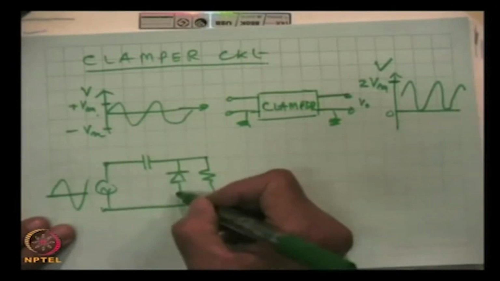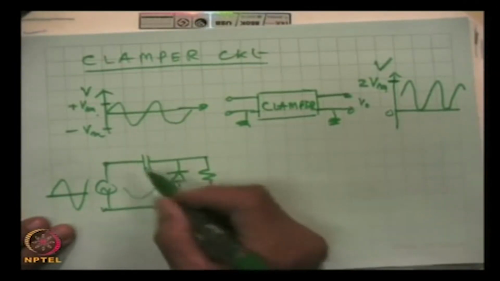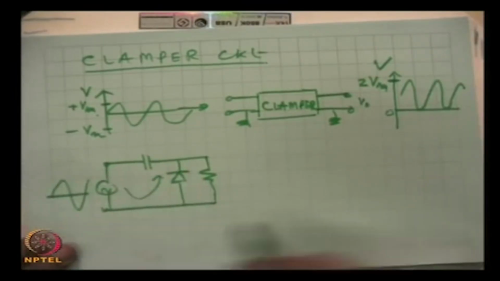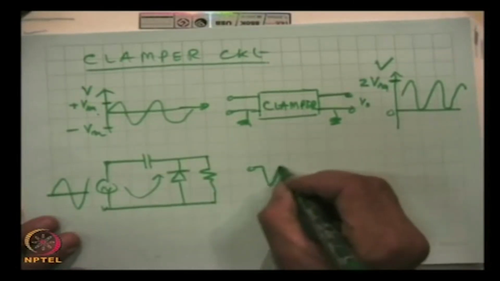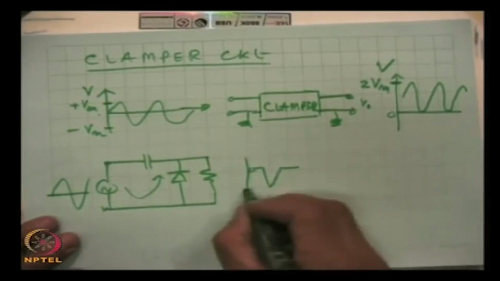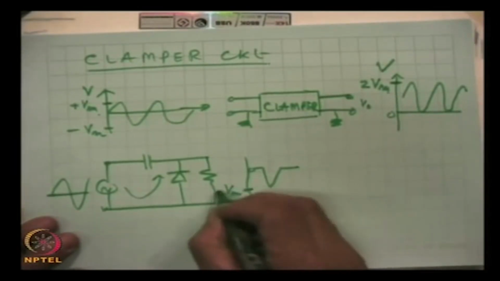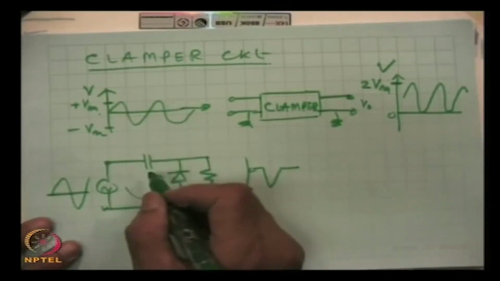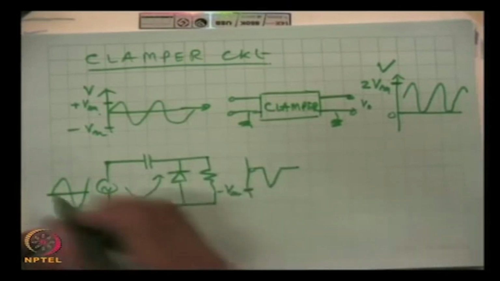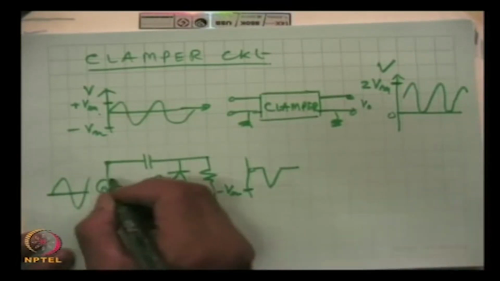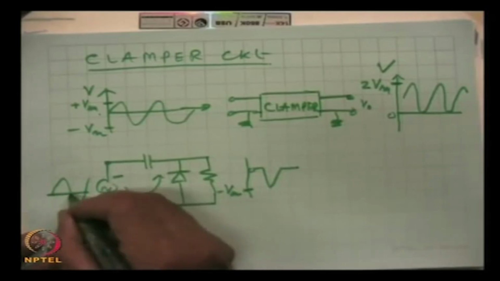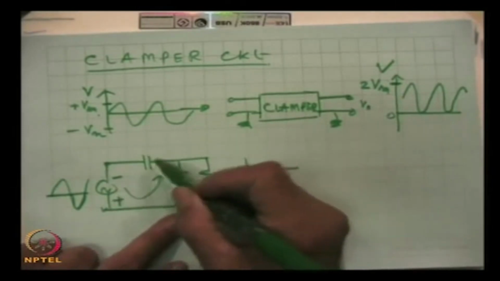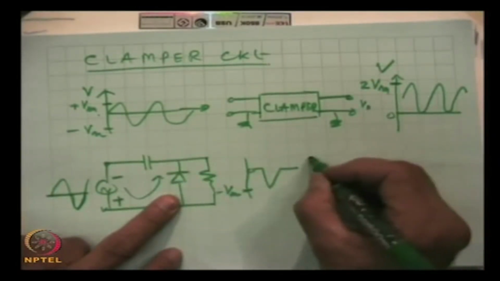This will act as a short. So, the current will flow, and if we have here a voltage Vm, then for the lower half, this is minus Vm, this will charge the capacitor, with this polarity, minus plus. We are talking about what happens in this lower half. This will forward bias the diode, and the capacitor is charged.